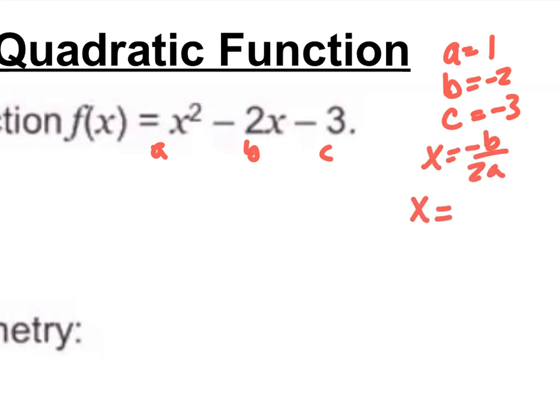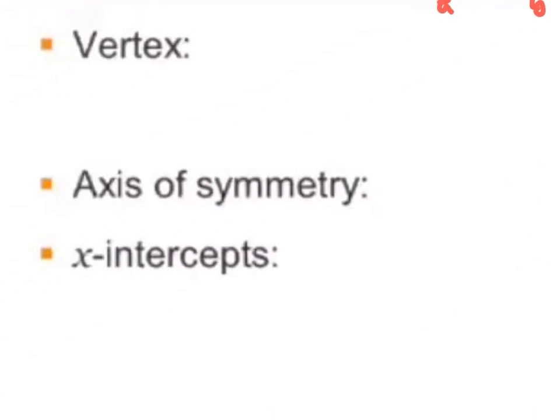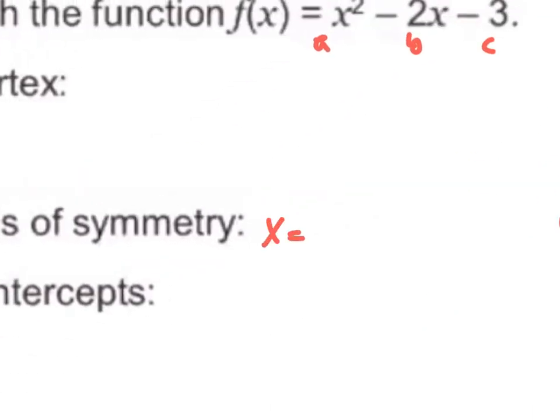So x is equal to opposite b, which is -2, so opposite of -2 is +2, over 2 times a, which is 1. So x is just equal to 2 over 2, which is equal to 1. So not only is x equals 1 the x value of my vertex, but it's also the axis of symmetry. So my axis of symmetry is the line x equals 1.